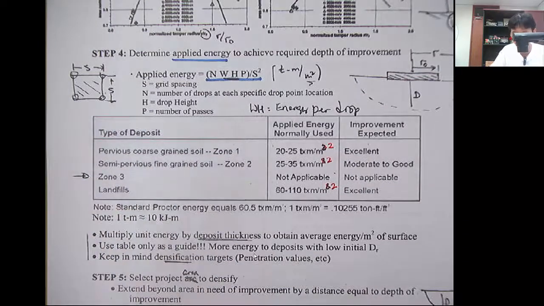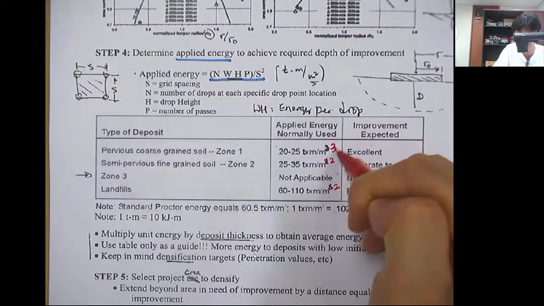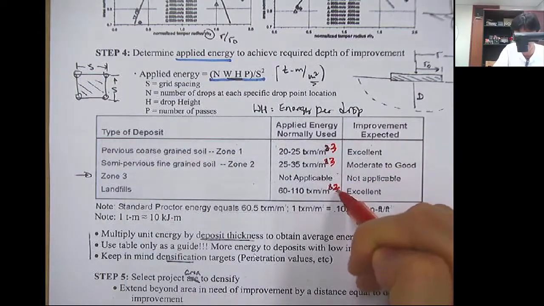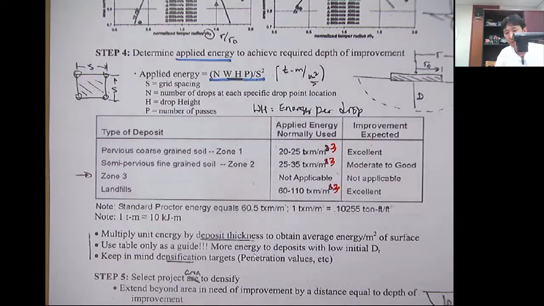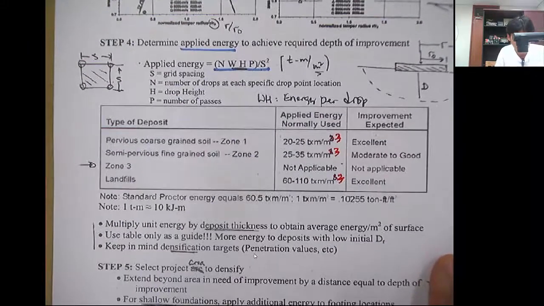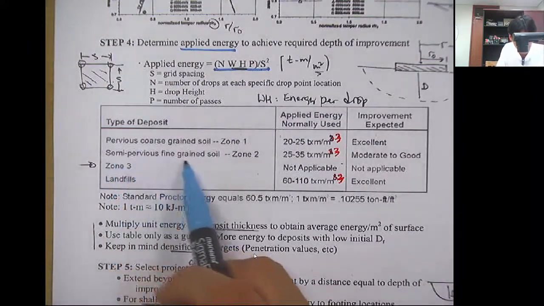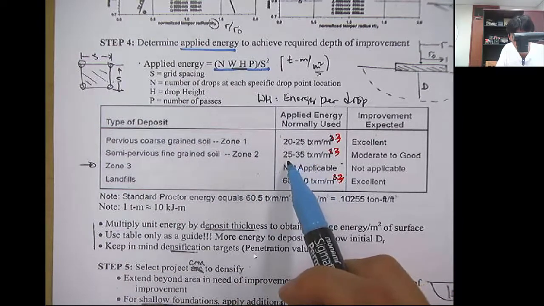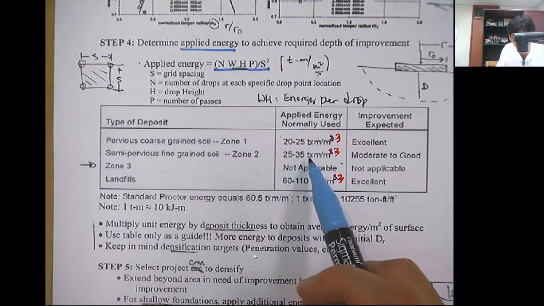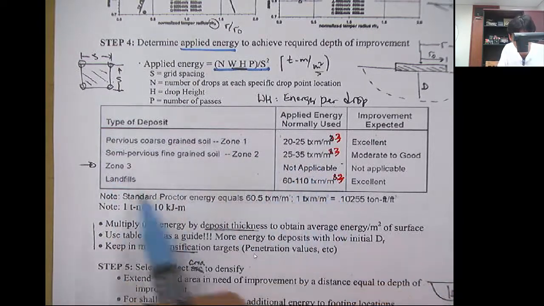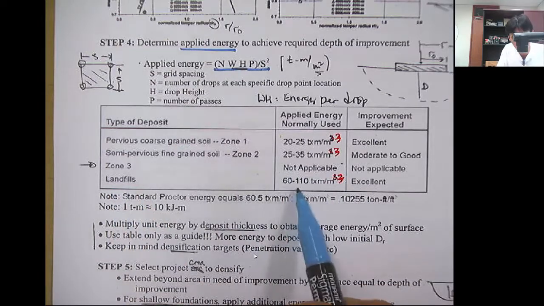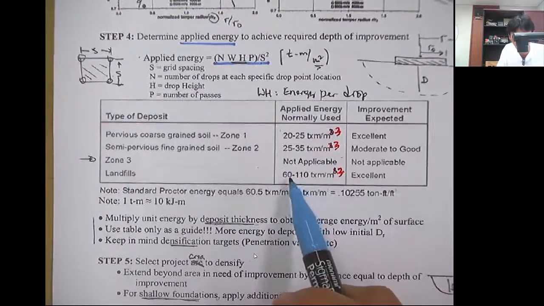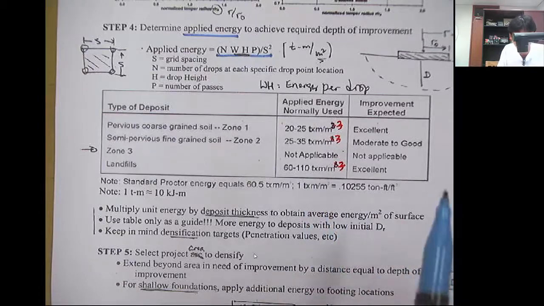Oh, no, it's okay to have the volume. I think they divided with the volume, the thickness, sorry. The semi-pervious fine-grained soil for zone 2 is a little bit higher, so 25 to 35. And for zone 3, it's not applicable, but the landfill has much higher specific energy applied.